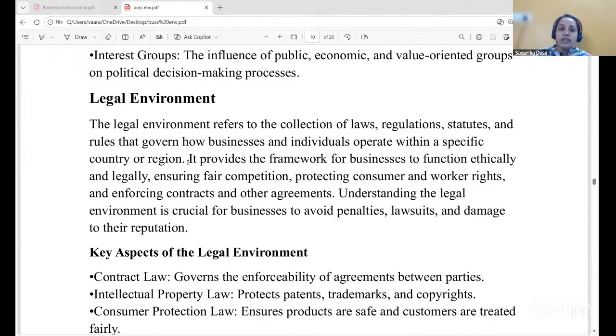That falls under the legal environment. It provides the framework for business to function ethically and legally, ensuring fair competition, protecting consumer and workers' rights, and enforcing contracts and other agreements. The legal environment is basically related to the legal rules and laws relating to business.